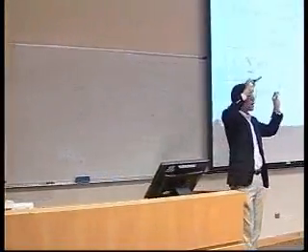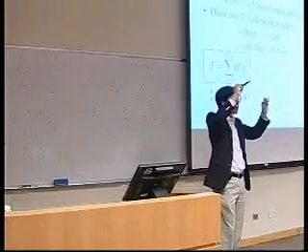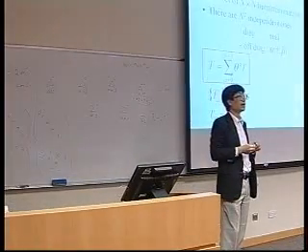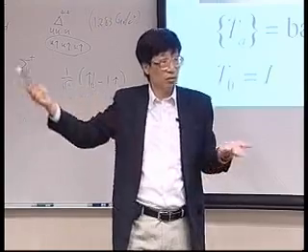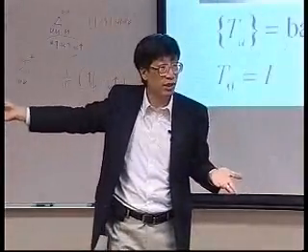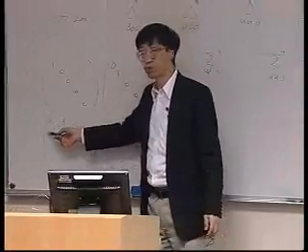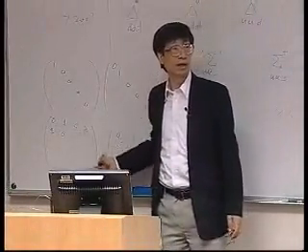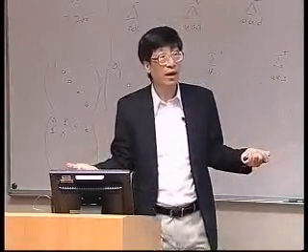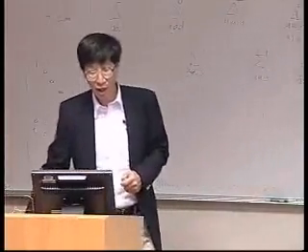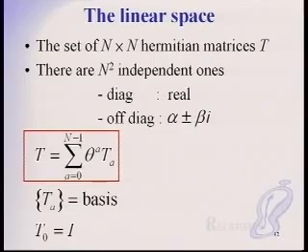For every pair, you either write 1 and 1 or i and minus i. Okay? So, of course, there are n squared of these matrices. Because if you choose 1, 2, you get 2 of these. Right? And they are linearly independent. Okay? So I form a basis of such matrices.